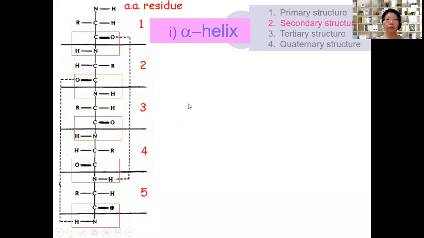First, alpha helix. What you can see on the right-hand side is actually the polypeptide chain, and it's showing you very clearly the individual amino acid residues in the chain. Can you identify them?